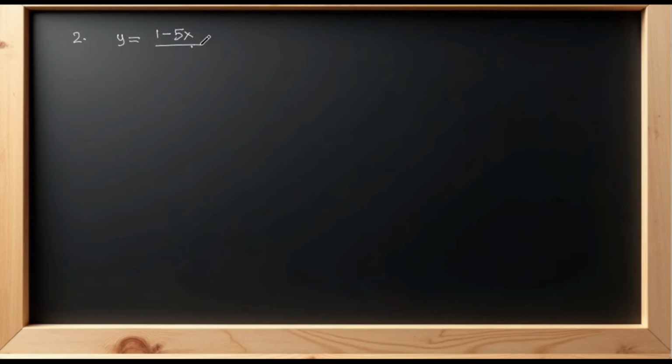So let's simplify the numerator, where we have dy by dx equals to, now when we multiply -5 by 3x, we get -15x, and then -5 times +2, we get -10.